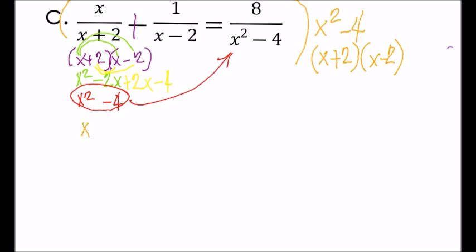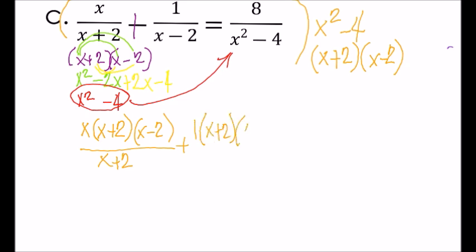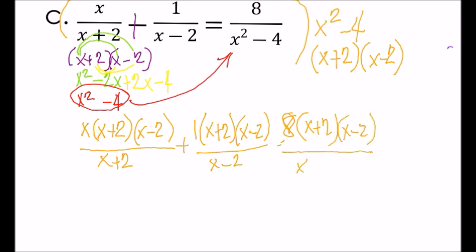We have x times x plus 2 times x minus 2 over x plus 2, plus 1 times x plus 2 times x minus 2 over x minus 2, equals 8 times x plus 2 times x minus 2 over x squared minus 4.